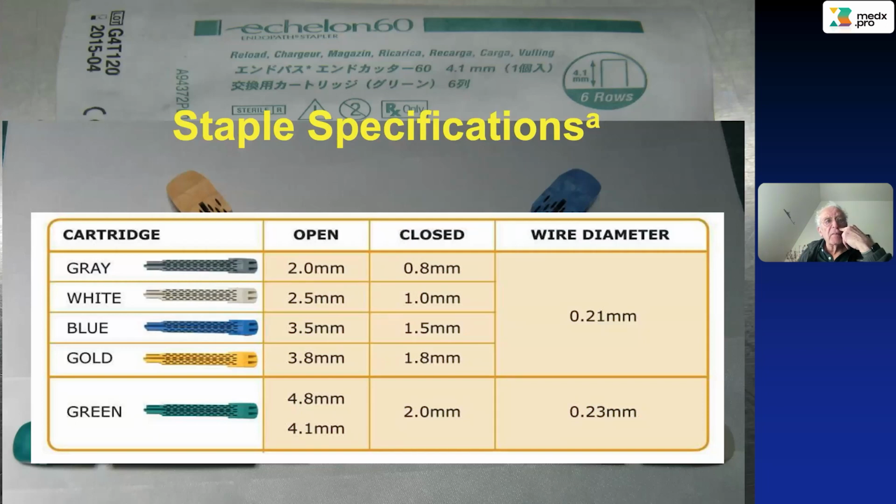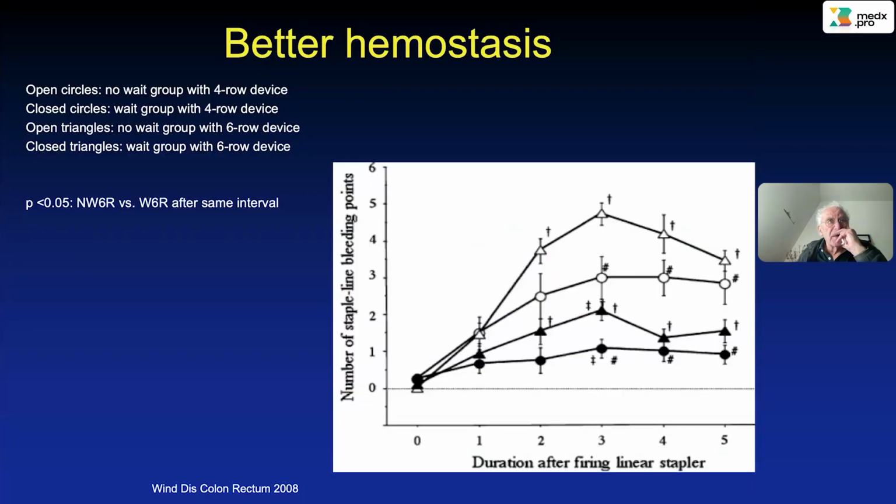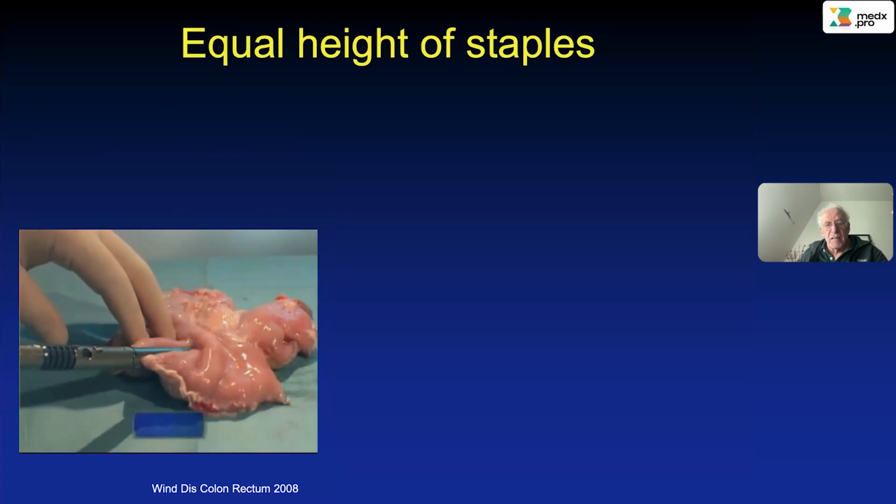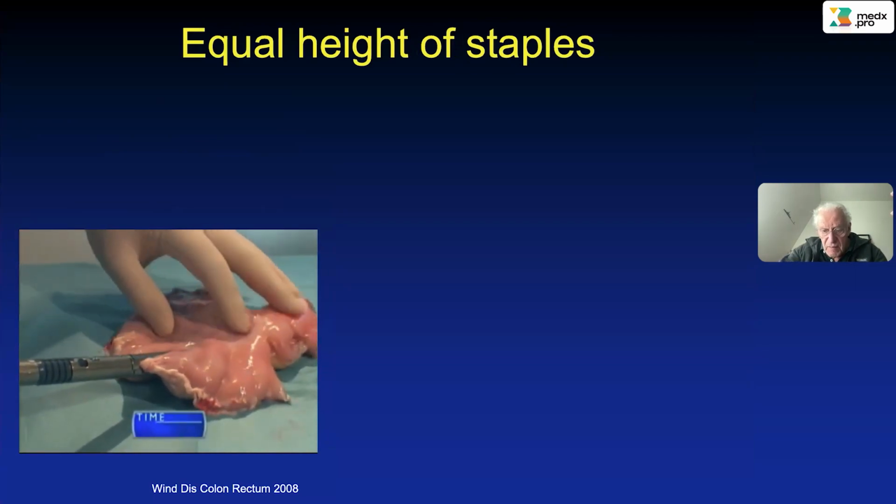The staple height can vary from a little less than 1 millimeter to 2 millimeters, according to the color of the cartridge. And what does that mean? It means that when the staple formation is correct, the hemostasis is better. And the equal height, let me take the ETS-45 with a blue.